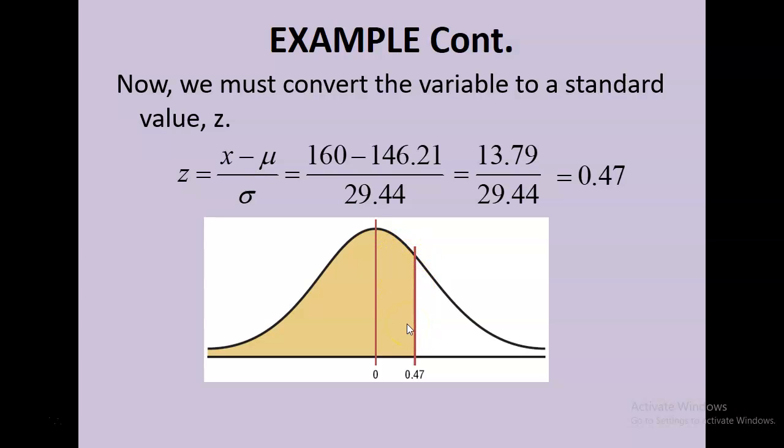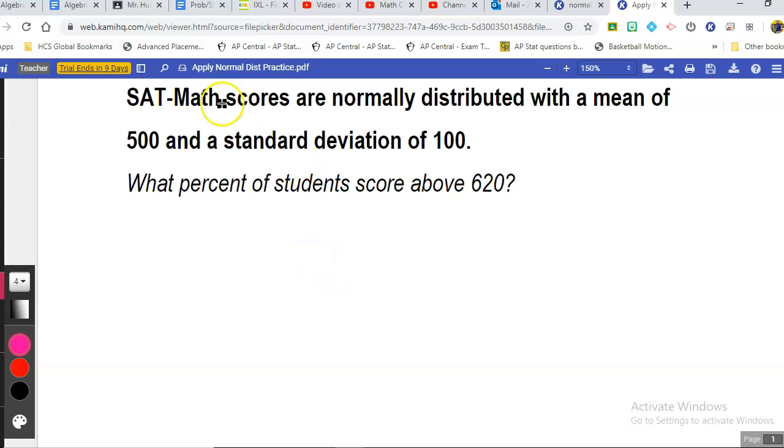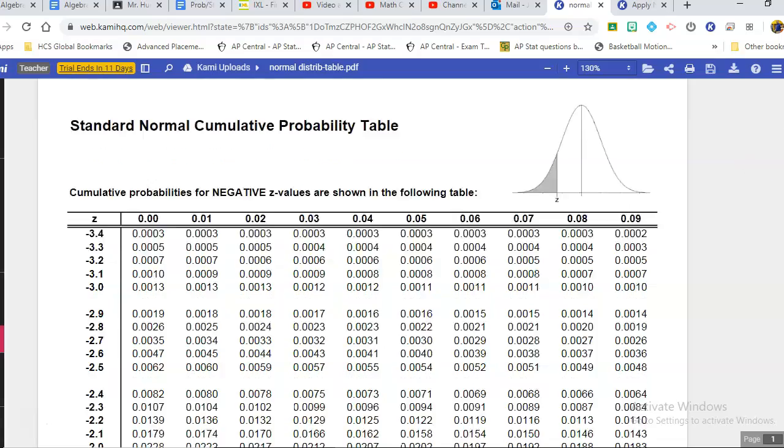Now, you'll recall at this point that what we do now is we go to our table, and I'm going to just go to the table and show you. We're going to look at 0.47 on our normal distribution table.